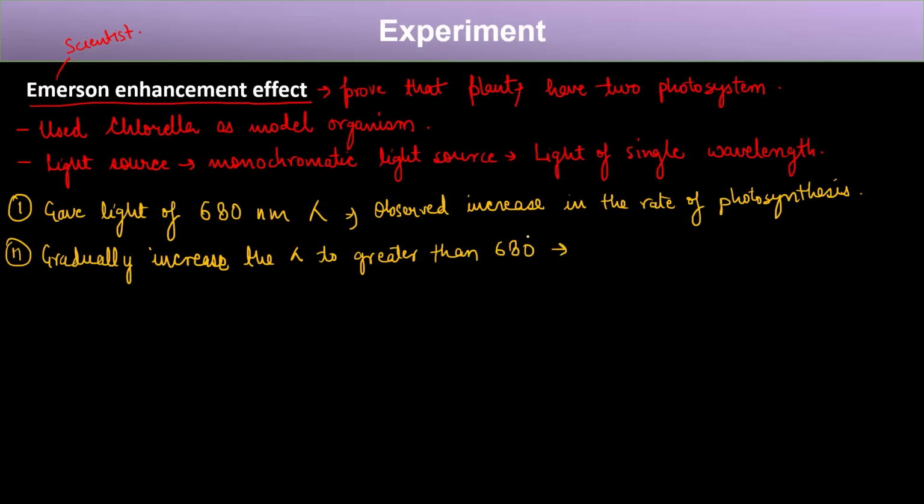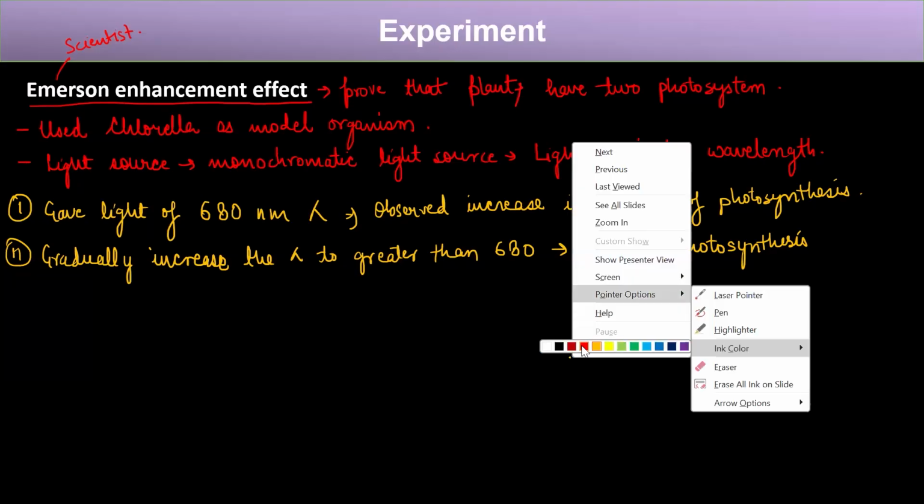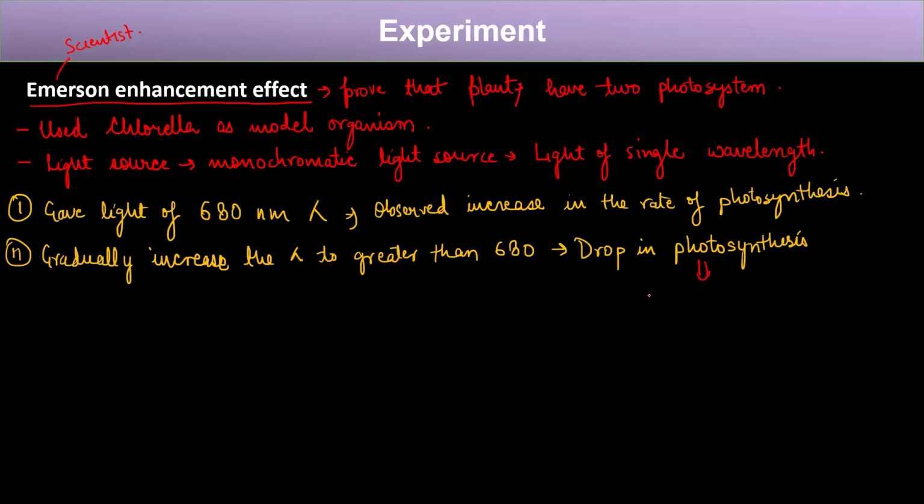He observed a drop in photosynthesis. Now one might think, why did it drop, right? So there was a drop in photosynthesis, and he called this effect the red drop effect.